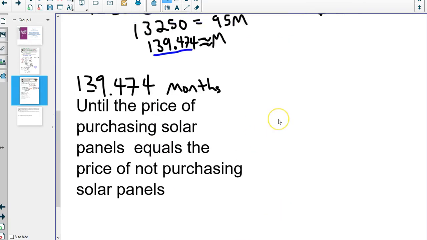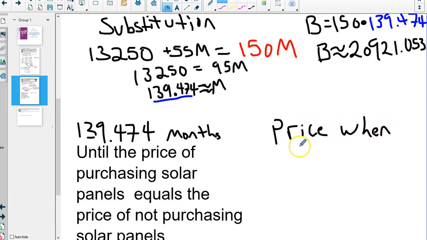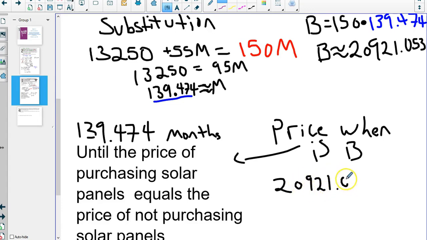And then the price that it would be, the bill after those like 10 years, is going to be the 20,000 here. So the price when this happens is our B, which is $20,921.053.